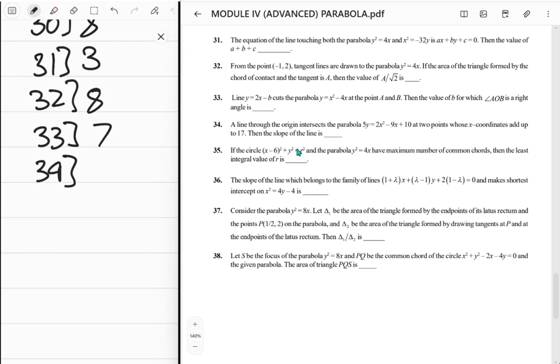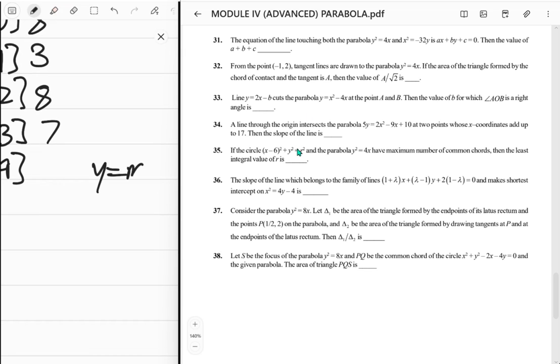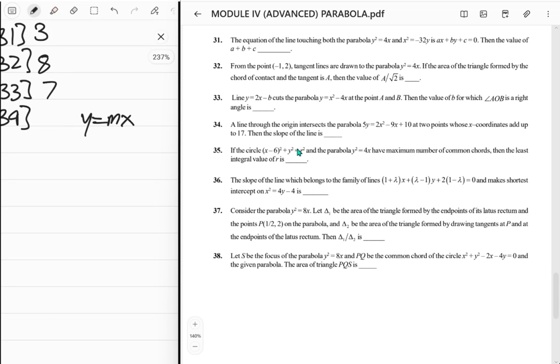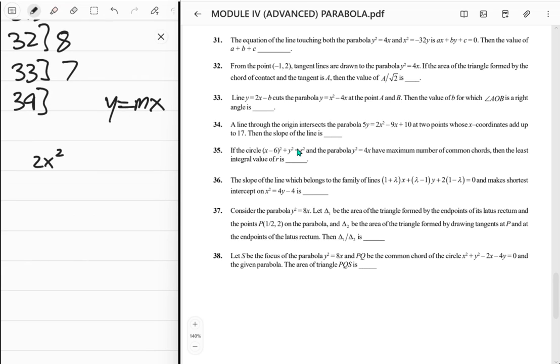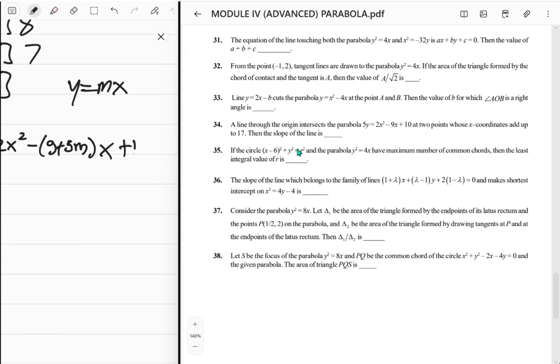Through origin, you're saying. Oh, so just put y equal to mx everywhere. It's easy. Just find an equation in x, quadratic. So it's like 2x squared, yes. Okay. Minus 9x minus 5mx. So minus 9 plus 5m times x plus 10 is equal to 0.